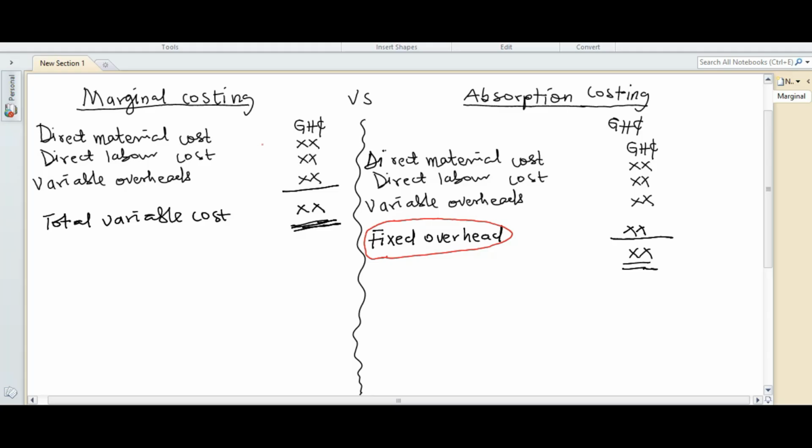For example, if this is the cost of the product and we want to sell this product and get 20% profit on the cost, then here the selling price will be the total variable cost times what? So we want to get 20%, so put 20% here.